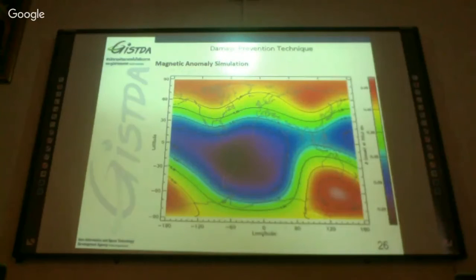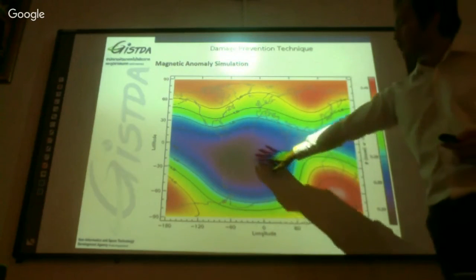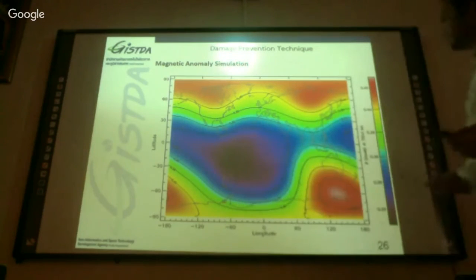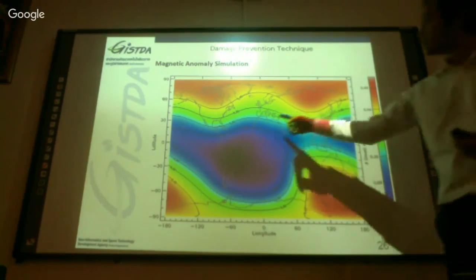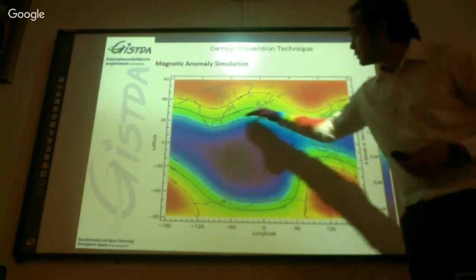This is the simulation of the magnetic anomaly. You can see this magnetic intensity is very low, about 0.2 or 0.28. 0.28 is our warning, so that is maybe around here in this area.